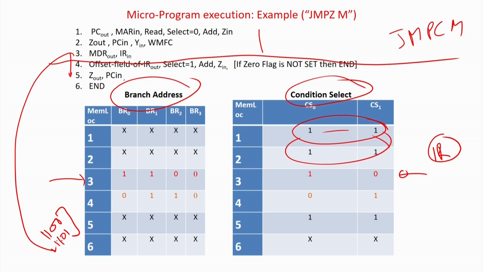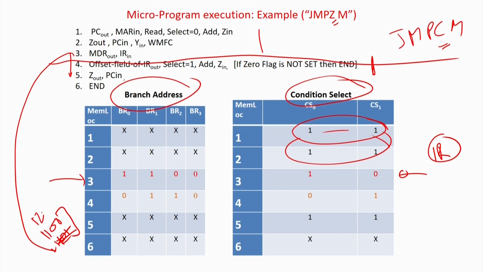In fact, only this one instruction, that is offset IR select 1 if 0 flag is not set, is different between jump on carry and jump on Z. Here you are going to check the 0 flag, and in the other case you have to just check the carry flag. That is the only different part.